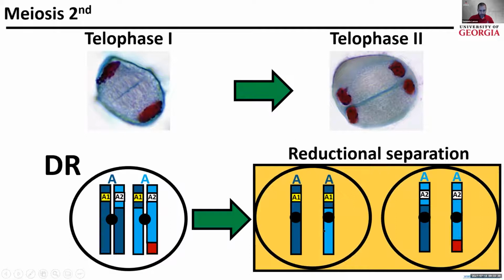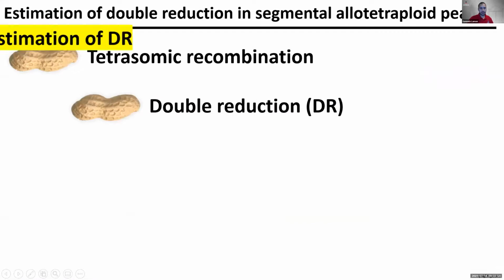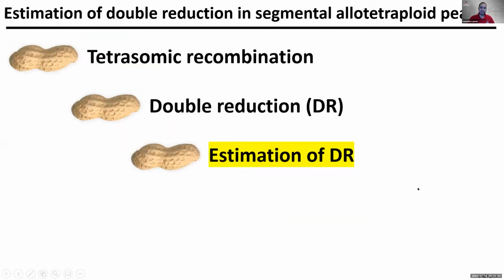And so when we cross this gamete, as I said before, with a regular Arachis hypogaea gamete with an A and B subgenome, you will have unbalanced genomic composition and increased diversity. How did we estimate this process in peanut?